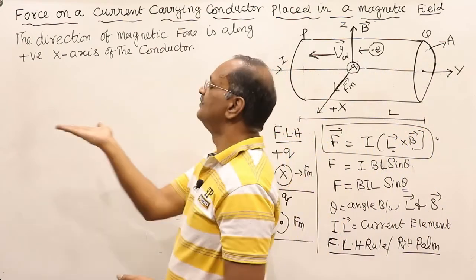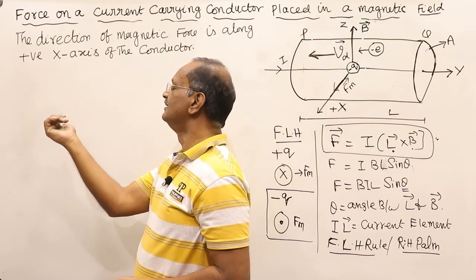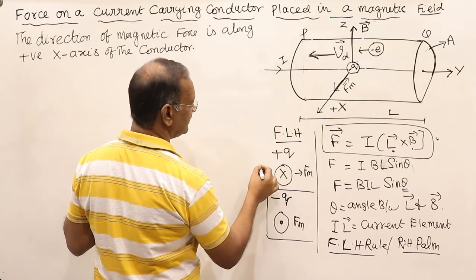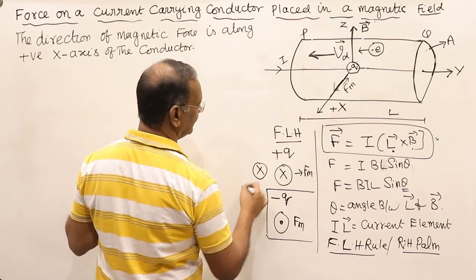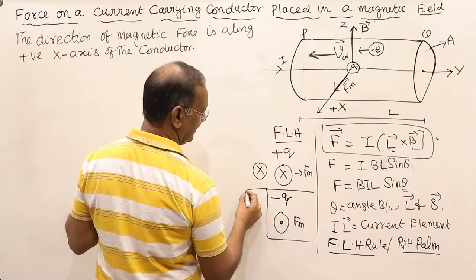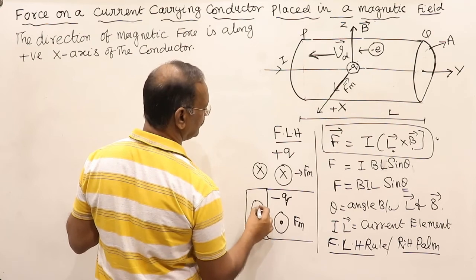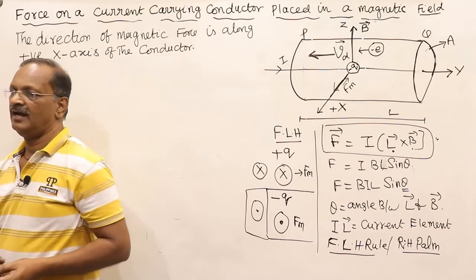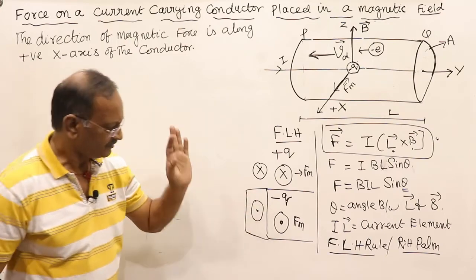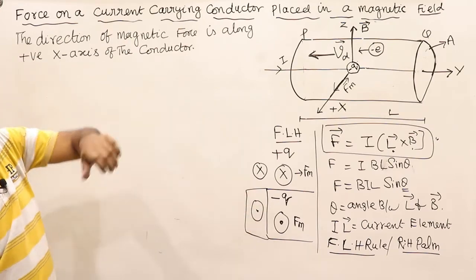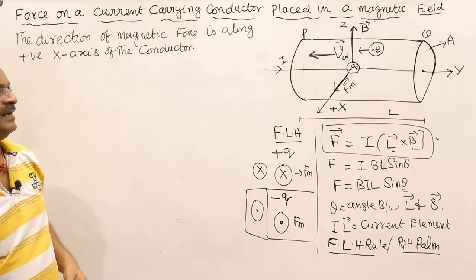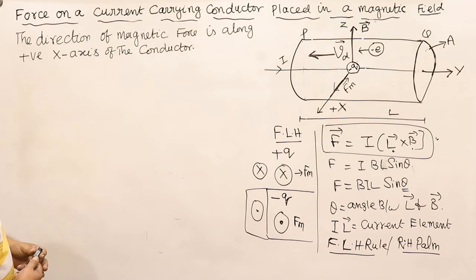Same way, when you move like this, it is inward, and for negative charge it is outward. So inside is the negative x-axis, outward is the positive axis.